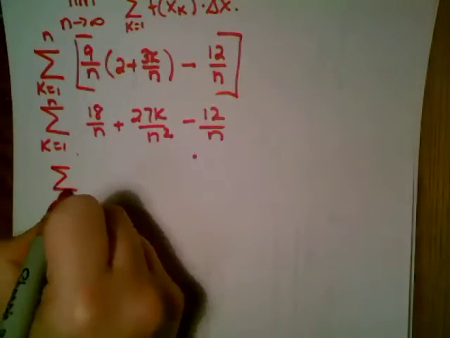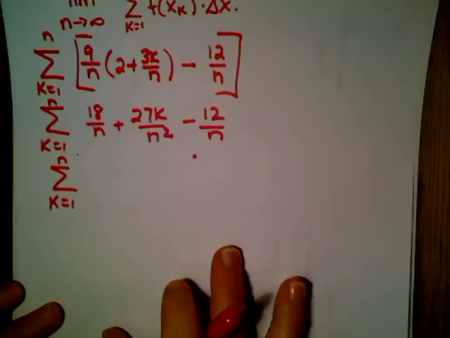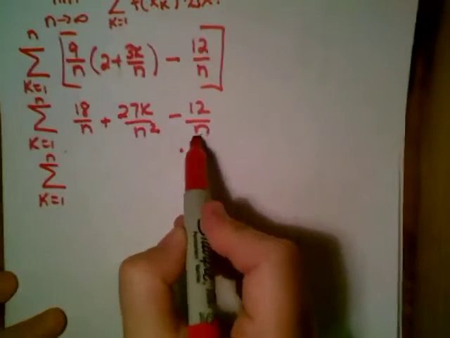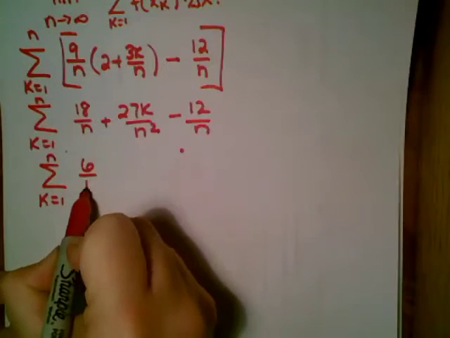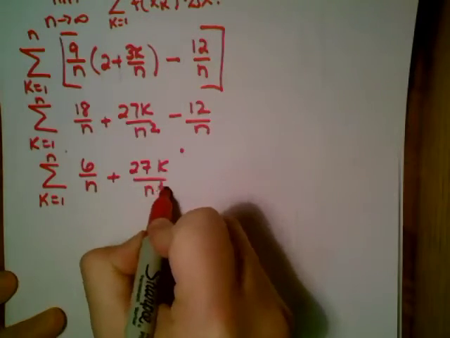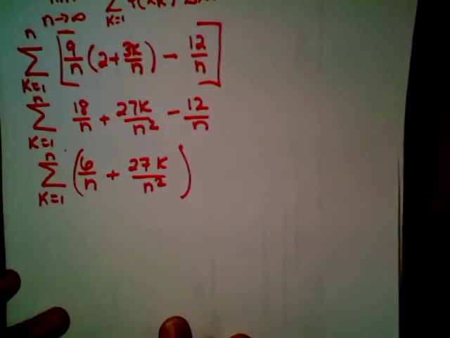And continuing to simplify, we'll have k equals 1 to n. We do have like terms here: 6 over n plus 27k over n squared. Great.